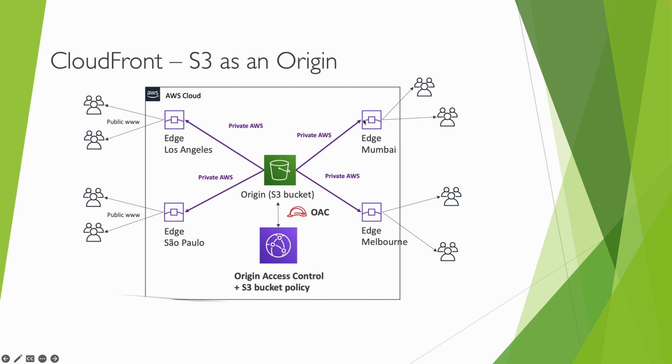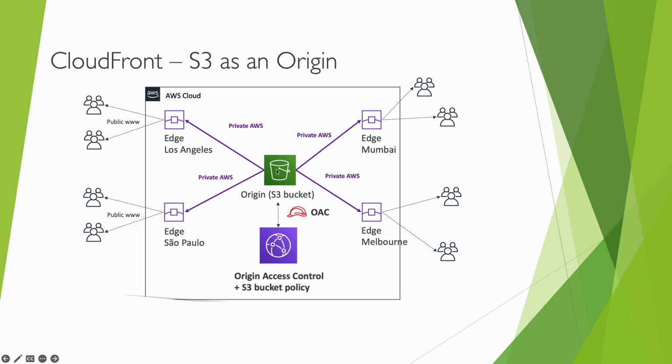This network is fast because the request from the user to the edge location comes from the internet. So people access this particular edge location through the internet, and all these services are around the AWS cloud. This edge location and this S3 bucket are all in the AWS environment and AWS infrastructure.